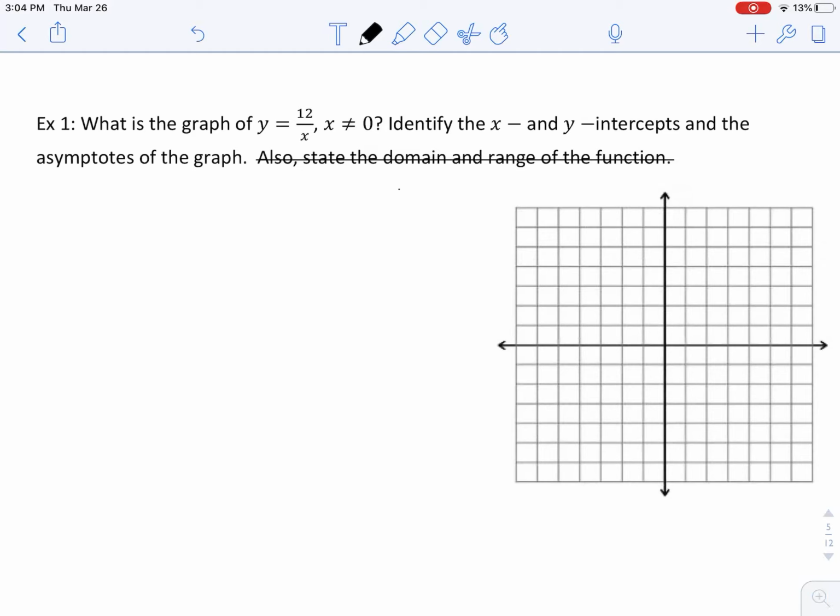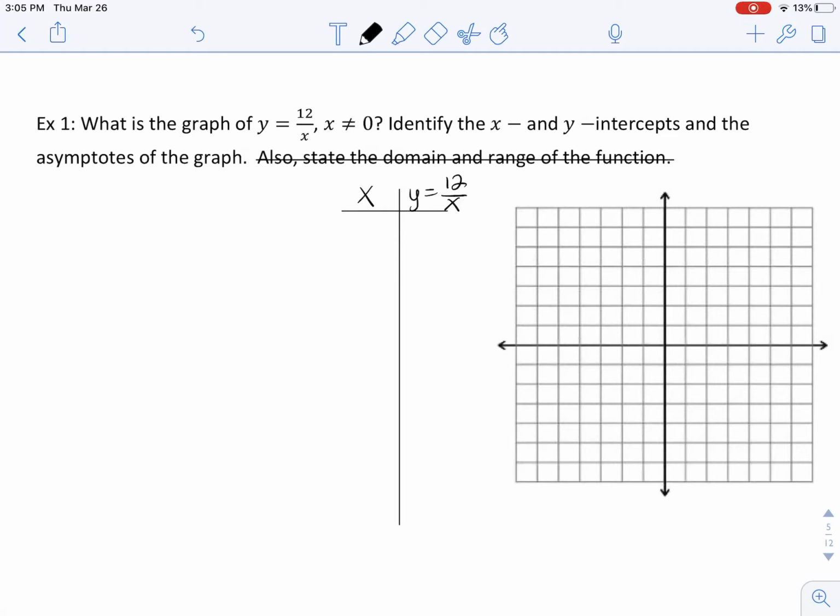So let's go ahead and make a t-chart in order to graph y equals 12 over x. This is going to look very similar to section 1 when we graphed. Again, we're going to pick, just like in section 1, nice numbers that divide evenly into 12 in order to graph this.